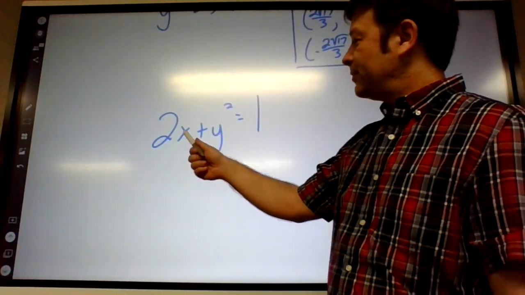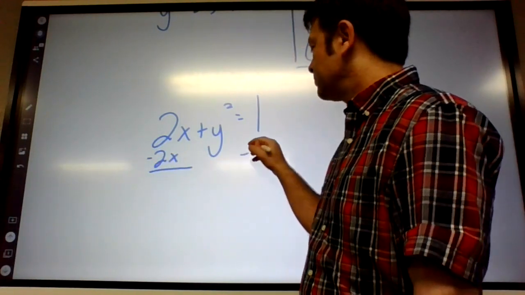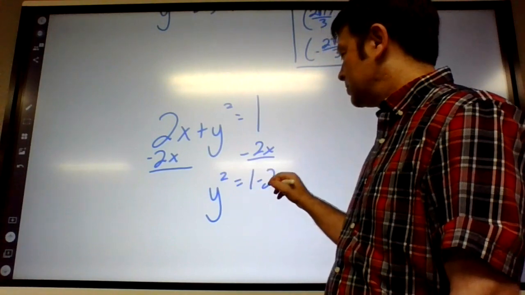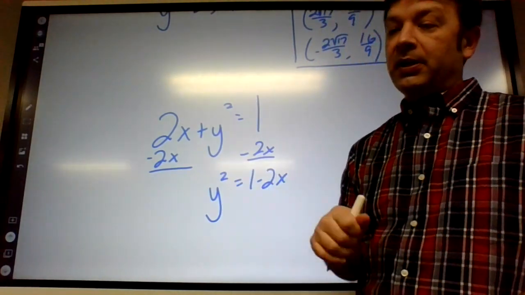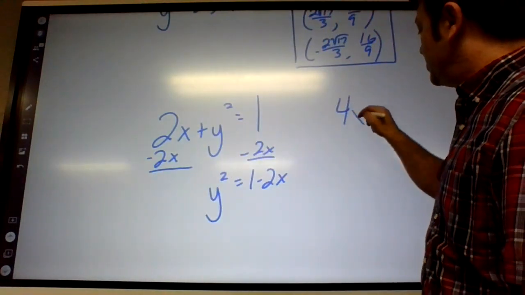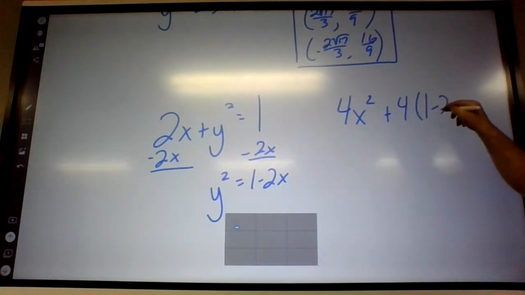So if you solve this for y squared, if you just subtract the 2x over, that means in the other equation, you can replace y squared with 1 minus 2x.